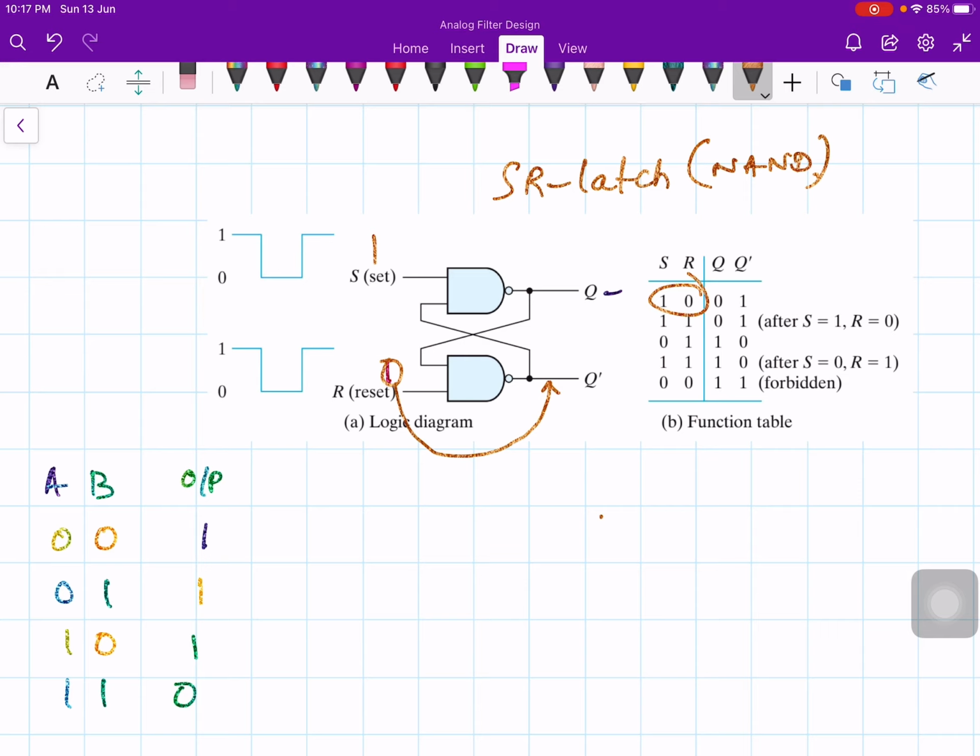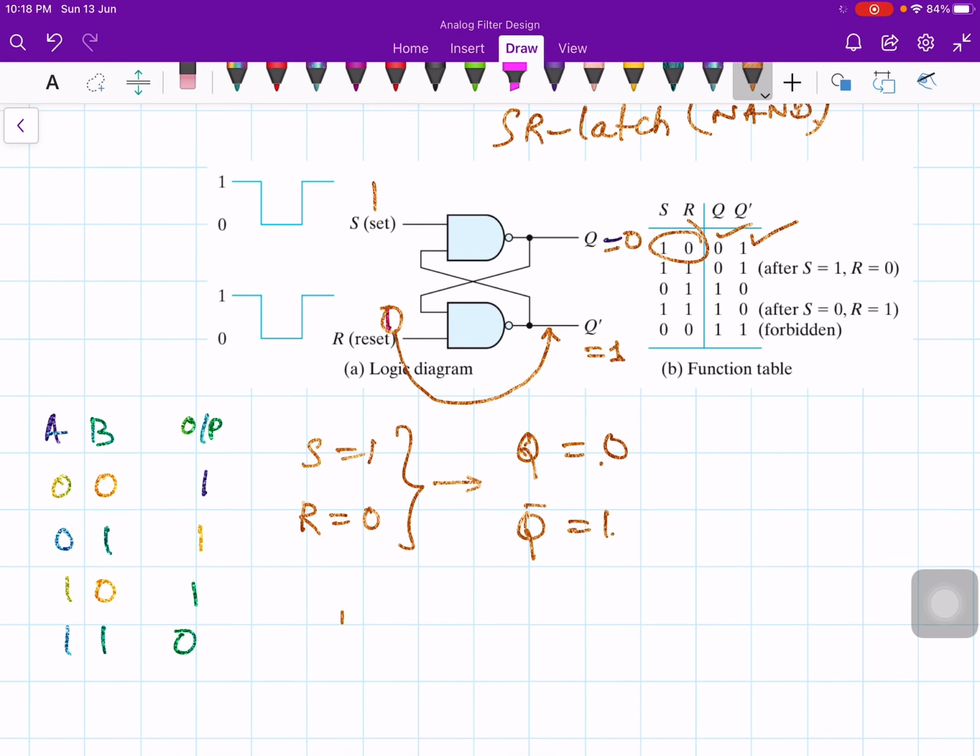Yes, output is 1. If Q bar is 1, then Q is 0. So that's what happened. Q is 0, Q bar is 1. Okay. So S equal to 1 and R equal to 0 leads to Q is 0 and Q bar is equal to 1.